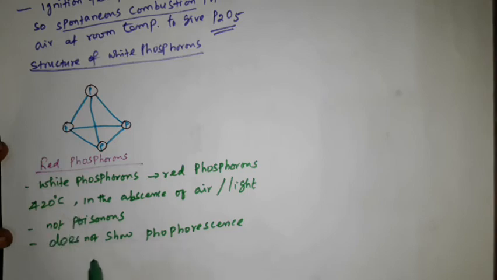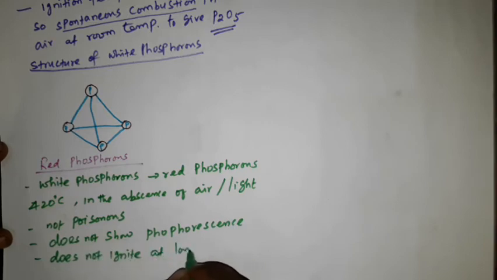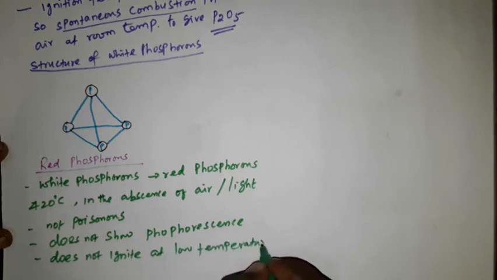But red phosphorus will not show phosphorescence like white phosphorus. Okay, then it does not ignite at low temperatures. See, these are the differences between white phosphorus and red phosphorus.